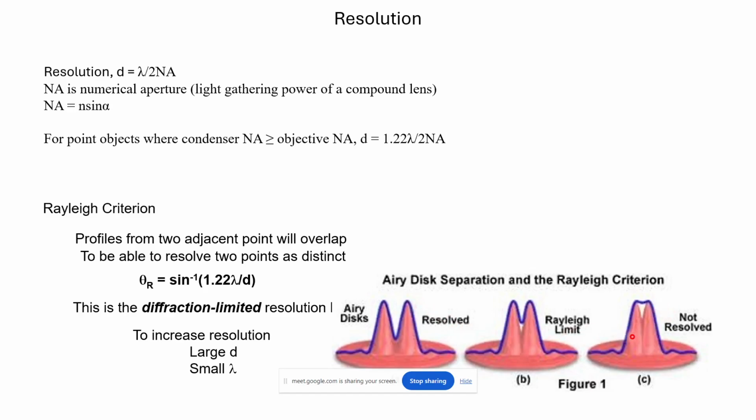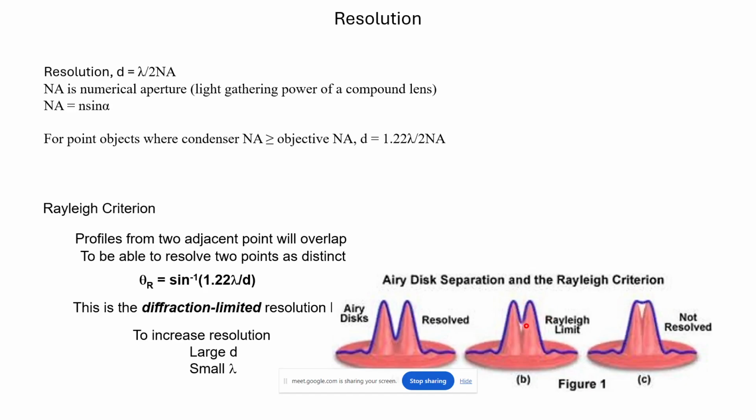But if we bring these two humps very close, such that the intensity which we are seeing, this blue one, is not differentiating between these two humps, then we can say that these things are not resolved.